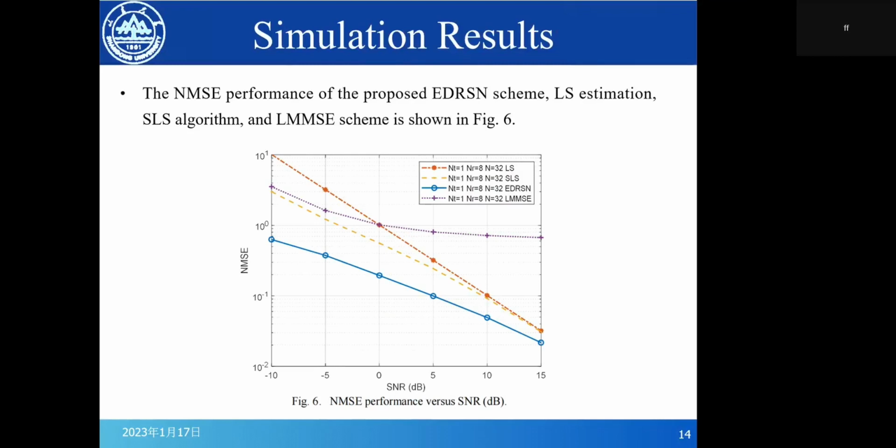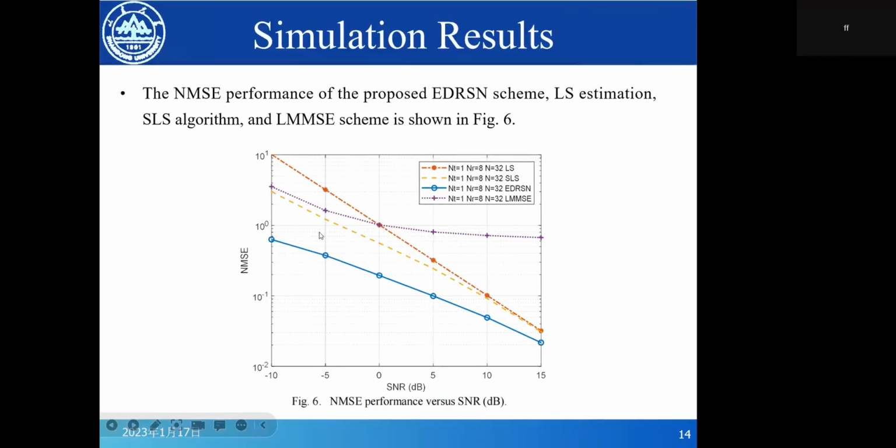We find the EDRSN scheme, the blue one, outperformed the traditional LS, SLS, and LMMSE estimations because the EDRSN scheme is a nonlinear estimation that can learn the channel features and improve the NMSE performance. In addition, the EDRSN outperforms the conventional schemes, especially in the case of low SNR.